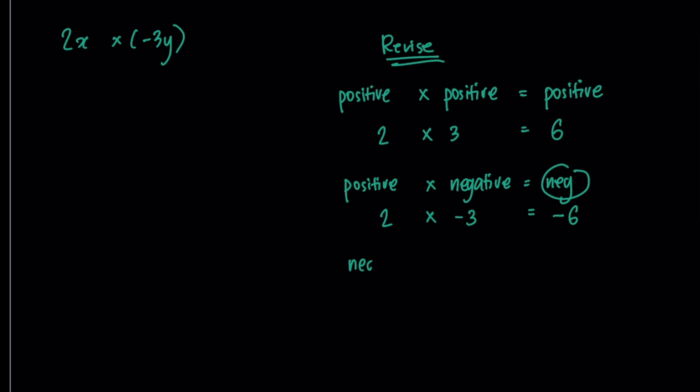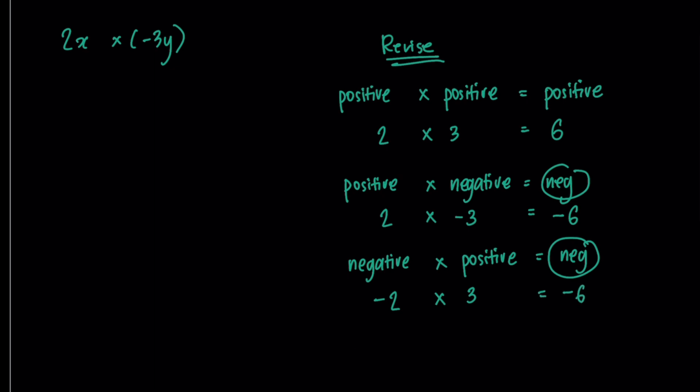If you have a negative number and you're timesing that by a positive number, then the answer becomes negative. So for example, if you have negative 2 times positive 3, the answer is negative 6.